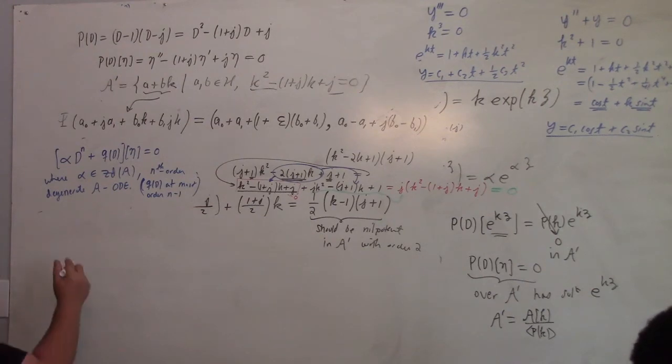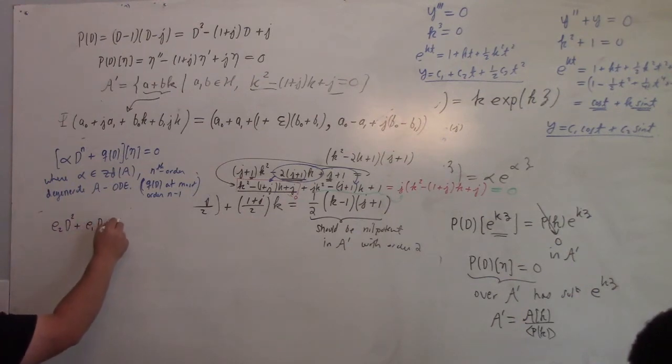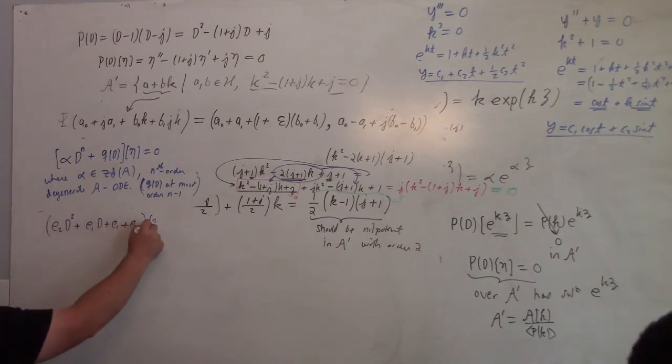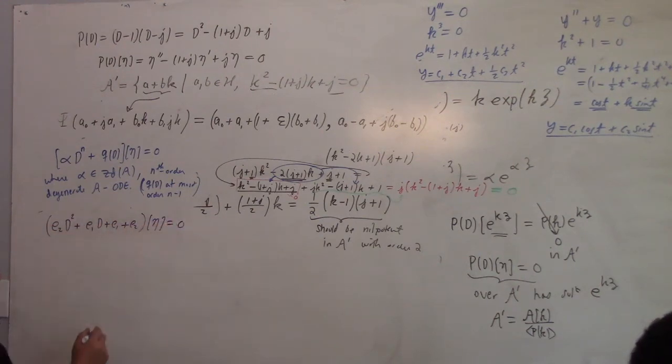So here we have e2 d squared plus e1 d plus e1 plus e2 acting on eta equal to 0.